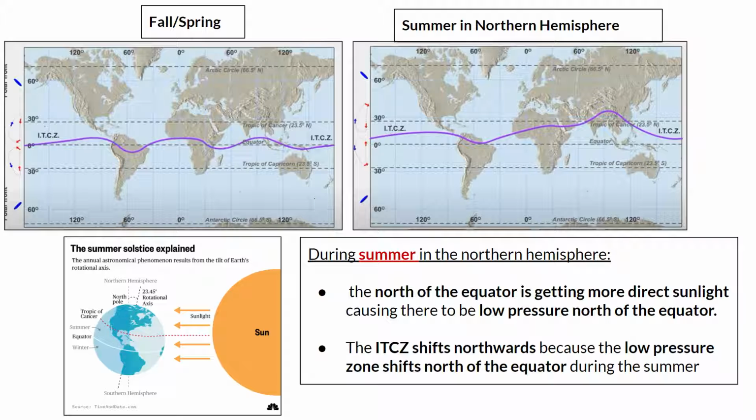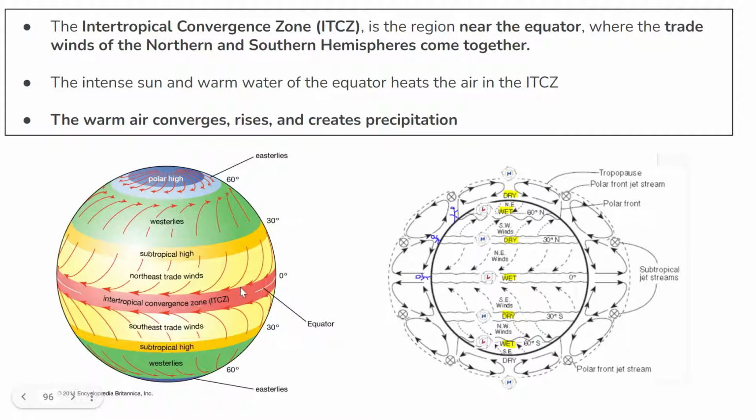But in the summertime, or just June 21st, the sun's rays are now mostly hitting the Tropic of Cancer, 23.5 degrees north, instead of the equator during the spring and fall, right? So in the summertime, instead of the sun's rays hitting directly at the equator, it's hitting a little northward, closer to 23.5 degrees north. And that's why this low pressure area, this ITCZ, intertropical zone, also shifts northward.